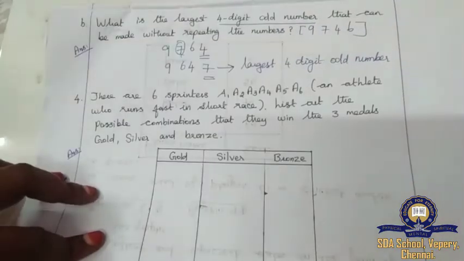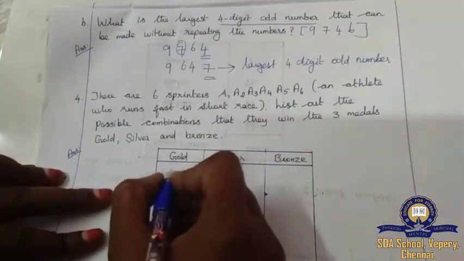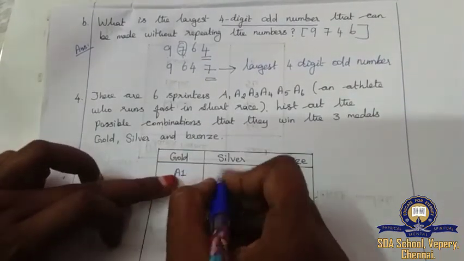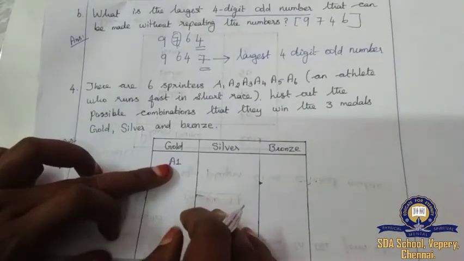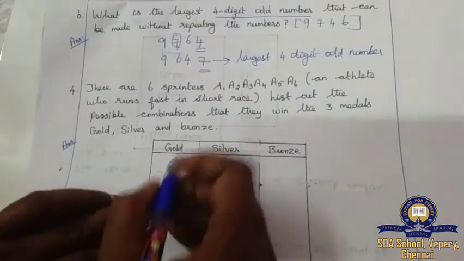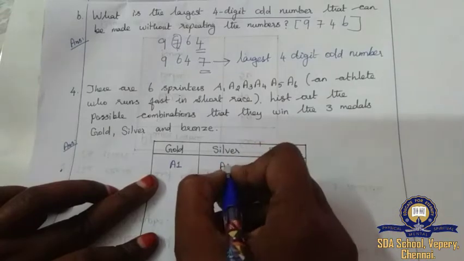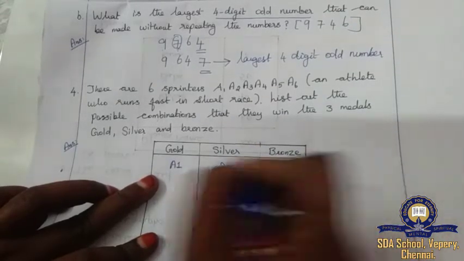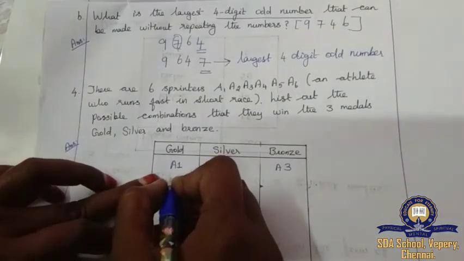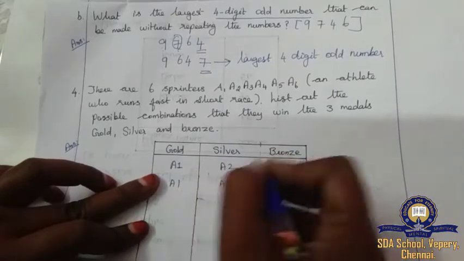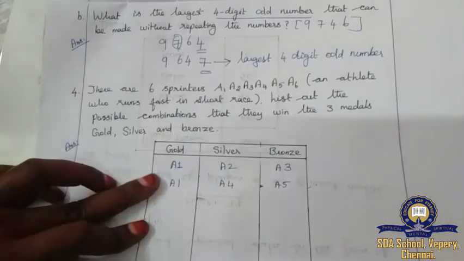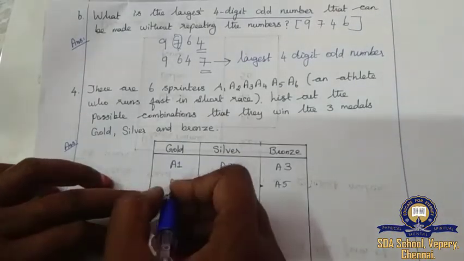So these are 6 running race sportspersons. Either A1 may get the gold medal. So A1 gets the gold medal means either A2 and A3 get silver and bronze, or if A1 gets gold, A4 and A5 may get silver and bronze.